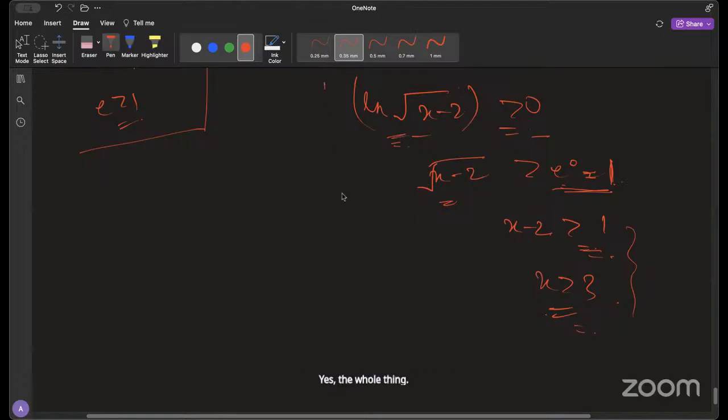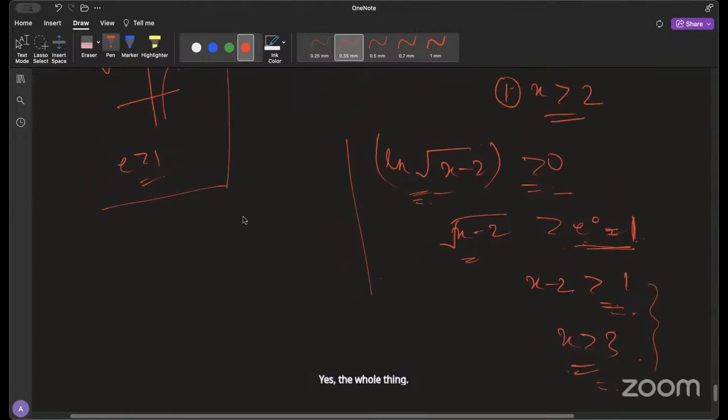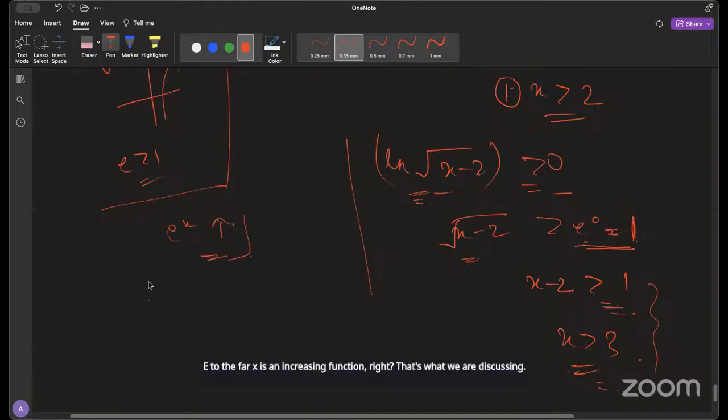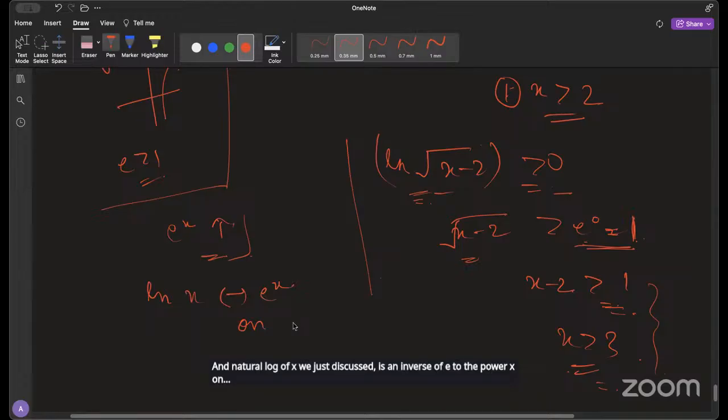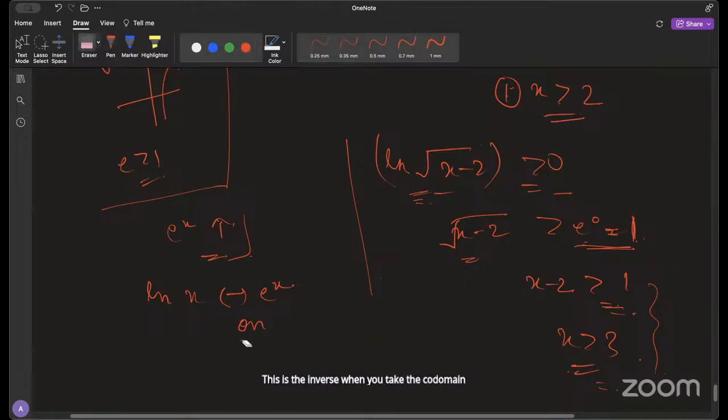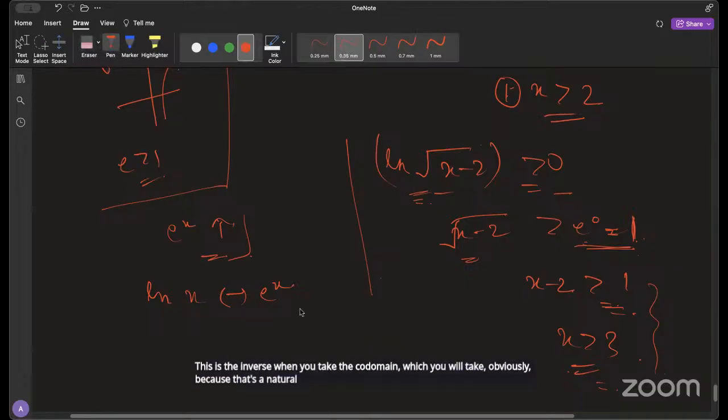Okay, so what we do here is: e to the power x is an increasing function, right? That's what we are discussing. And natural log of x, we just discussed, is an inverse of e to the power x when you take the codomain, which you will take obviously, because that's the natural codomain of e to the power x.